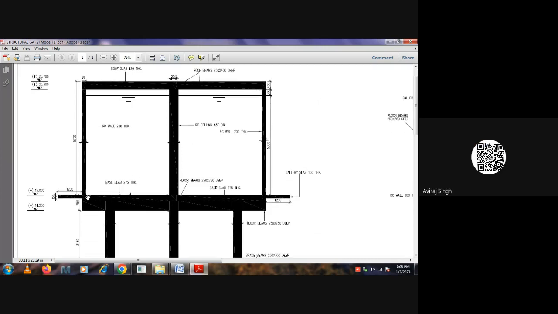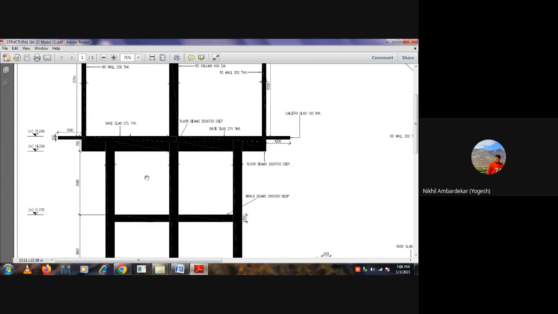Yes, sir. We also have a cantilever peripheral walkway surrounding the tank. The width of that walkway is 1.2 meters and the thickness of that cantilever slab is again 150. At base, we have certain floor beams, and we assume the size of those floor beams is 250 by 750.